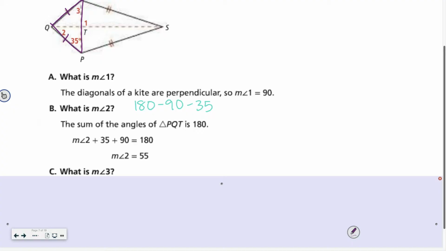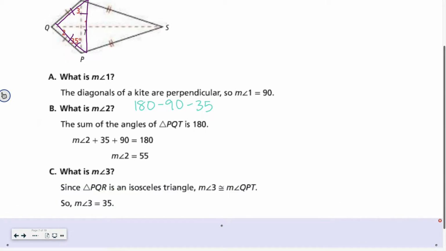And the reason I know it's isosceles is I have two congruent sides. And if we have an isosceles triangle, that means that our base angles, so angle 3 as well as the 35-degree angle, are also congruent. So I can say that the measure of angle 3 is 35.